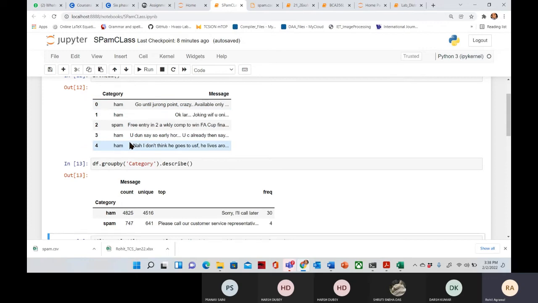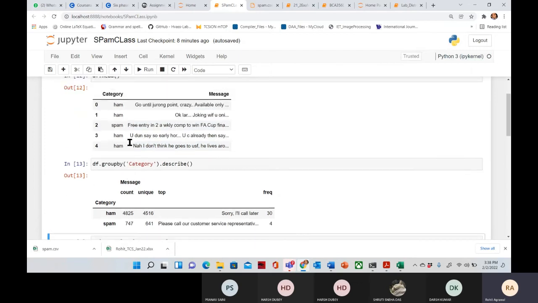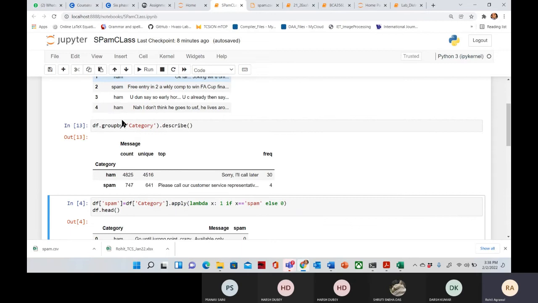For converting them, I will add one column: df['spam'] equals df.category.apply, and we will apply a lambda function.